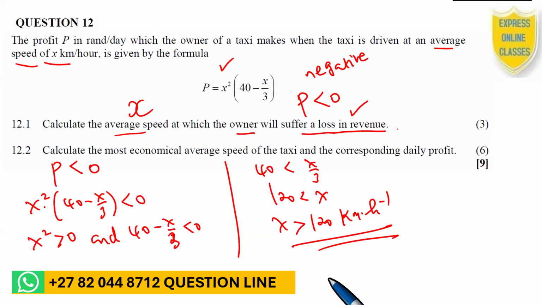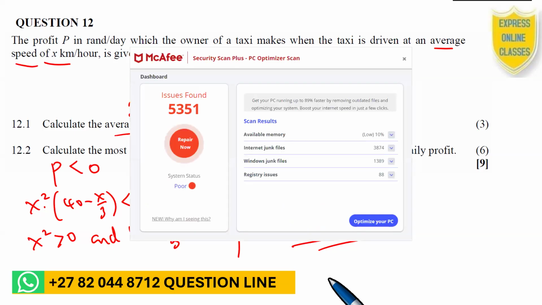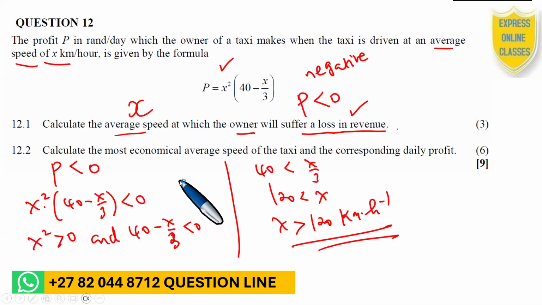The next question, 12.2. Calculate the most economical average speed of the taxi and the corresponding daily profit. When they say most economical, they speak about economics.